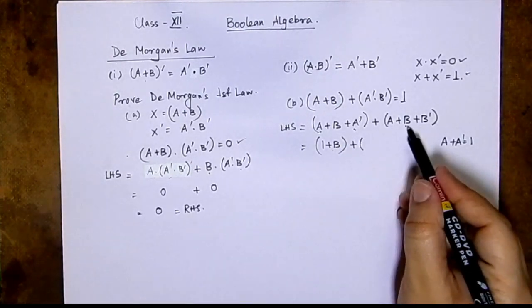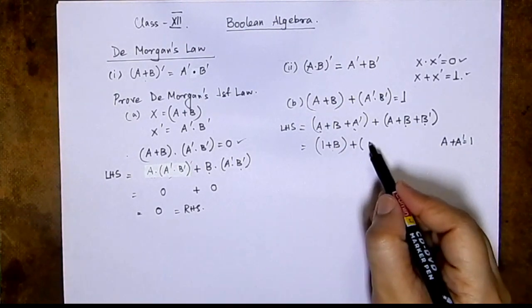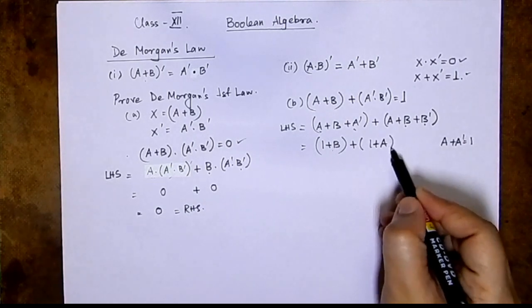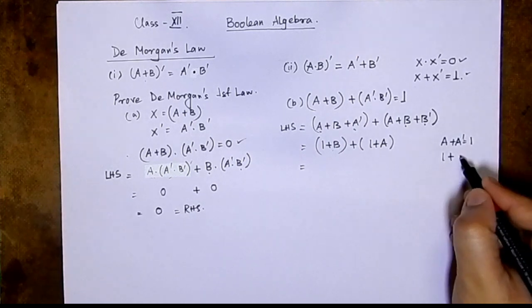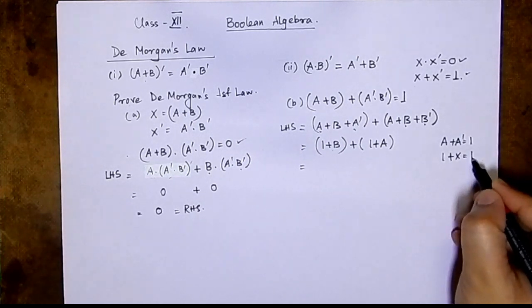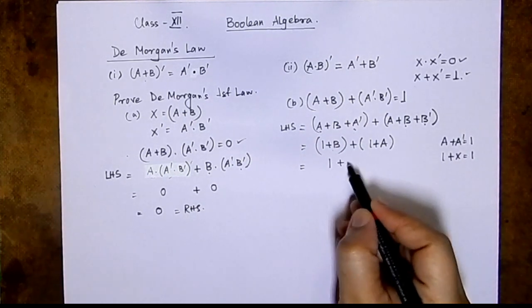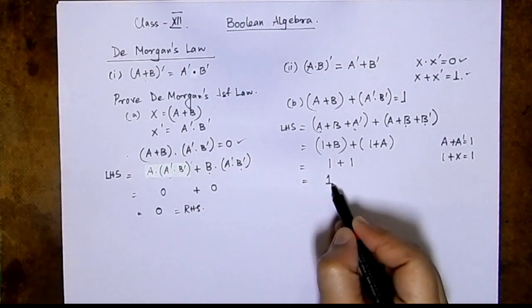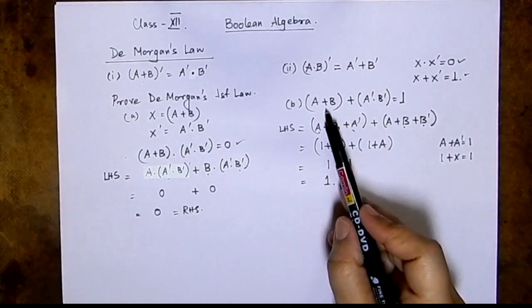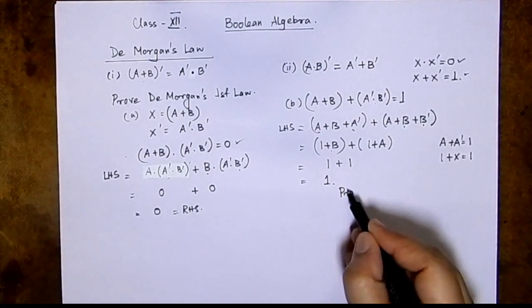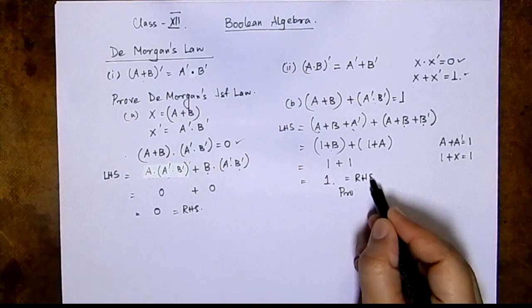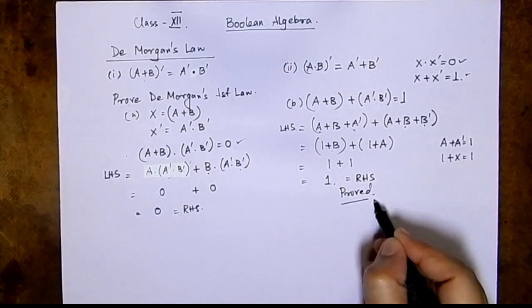And over here again b plus b dashed is 1. So this is again 1 plus a. And we know that 1 plus any variable is equal to 1. So this is also 1 and this is also 1. So you prove that the sum of this and its complement is 1. So this side is also proved. This is equal to RHS, hence proved.